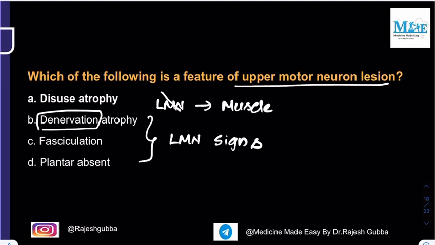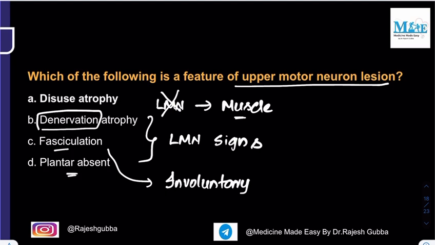And once this lower motor neuron is damaged, that is called the denervation atrophy. And what are these fasciculations? They are involuntary movements present due to the lower motor neuron lesion, and it is due to contraction or irritation of a single muscle fiber.